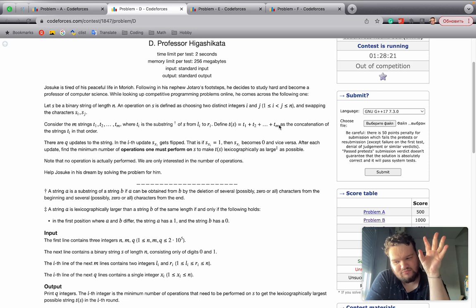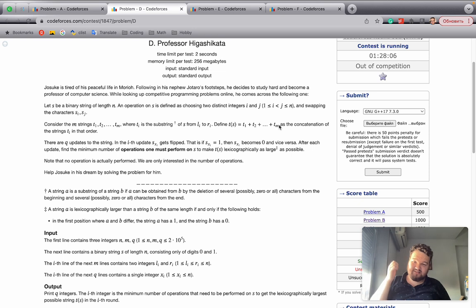So we only care about the first appearance of that character, and the earlier this position appears, the more important it is.